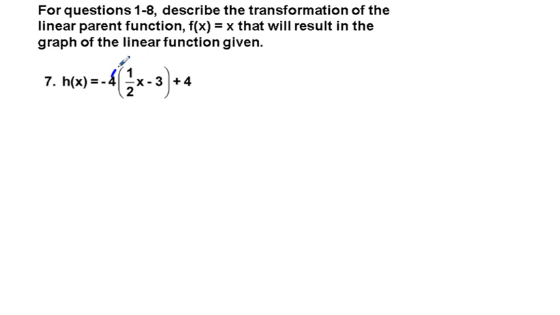We're going to distribute that -4 to that 1/2 x, and that -4 to this -3. And then we're going to add the 4. So we have -4 over 2, so I'm just going to write -4/2 x. And then we have -4 times -3, which is going to simplify to plus 12.